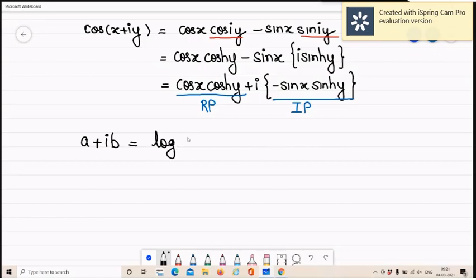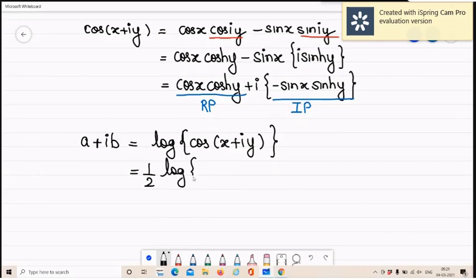Log of cos x plus i. Now I will apply the log formula, that is half log of real part square plus imaginary part square.